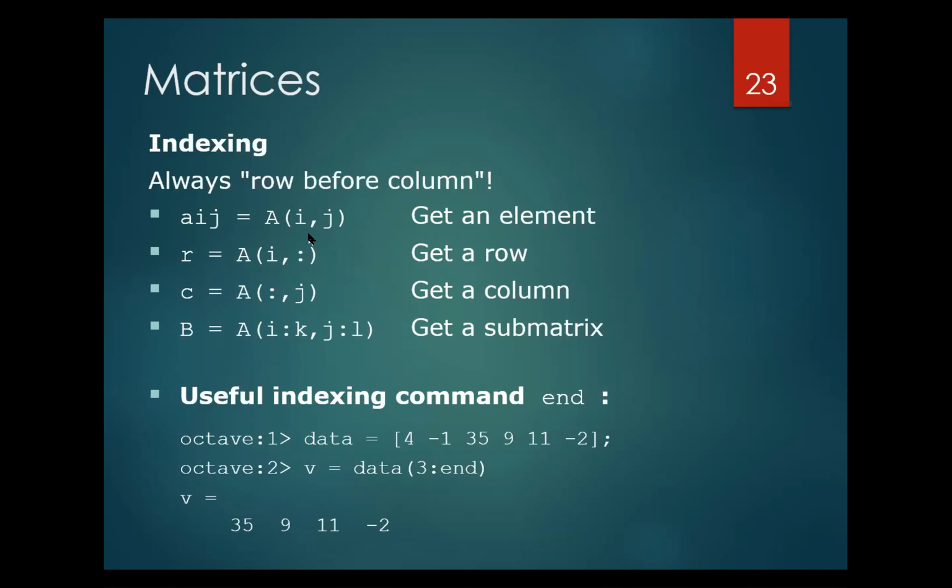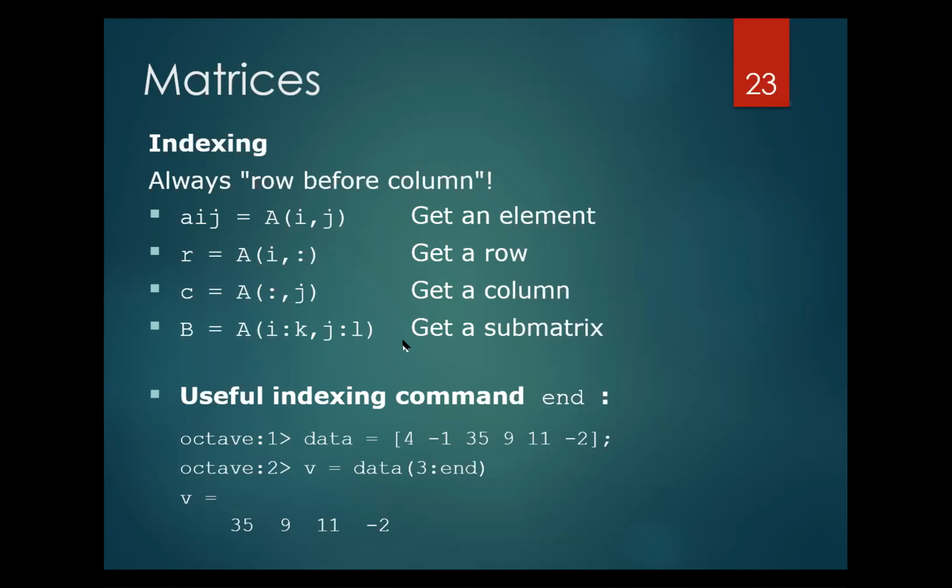This will output the element at the ith and jth position. Now, if you want only a row, then you can use the i to specify the row, comma, then colon. This will bring all elements on that row. And if you want all elements in a column, you can also use colon, and then you specify the column that you want to pick.